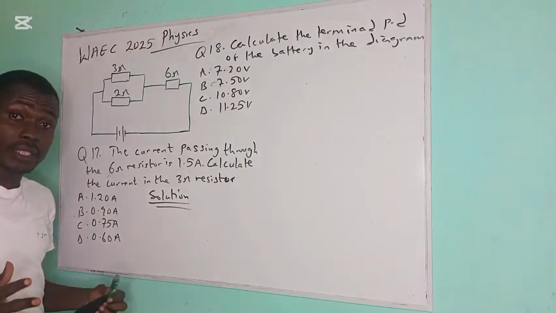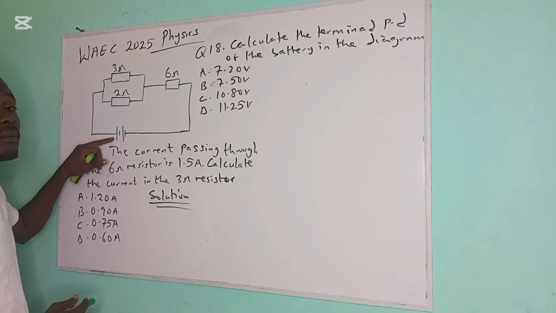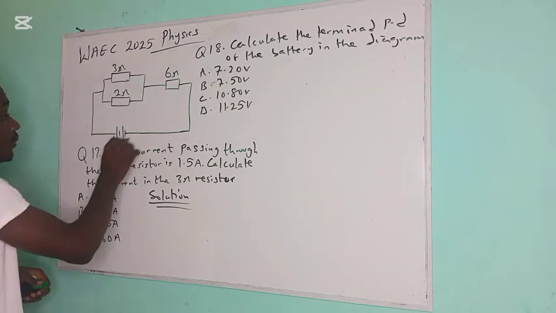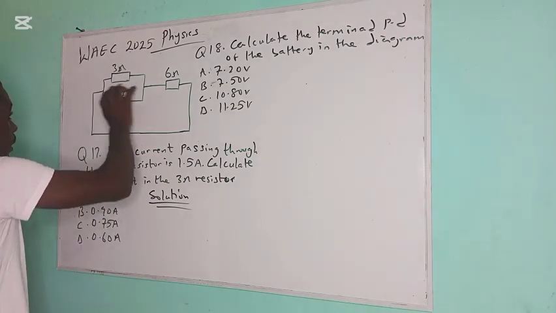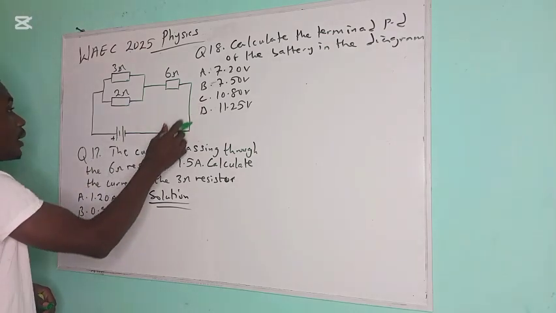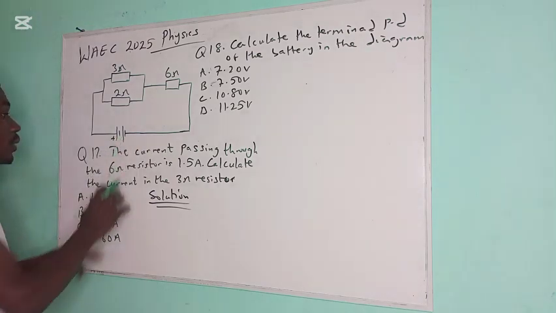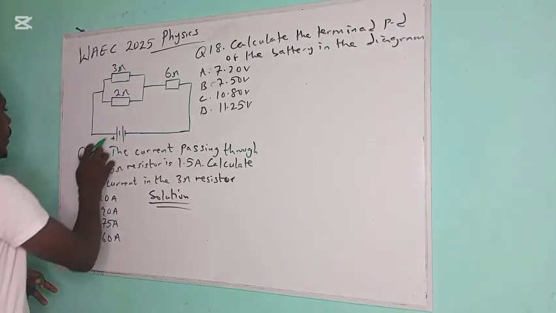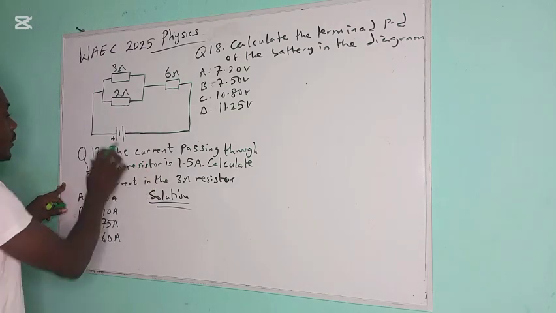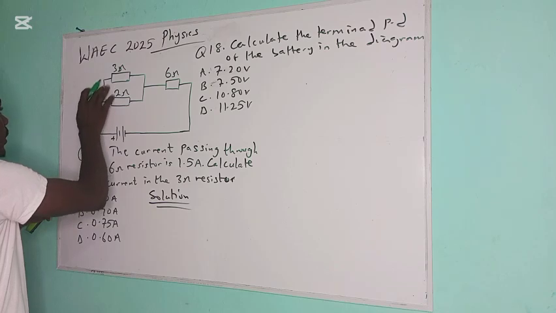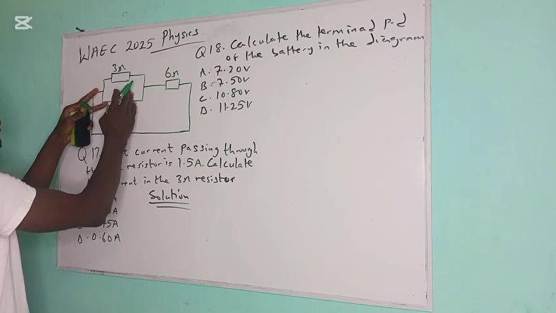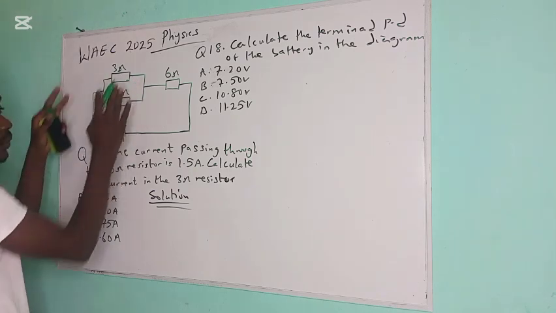Conventionally, current flows from the positive terminal to the negative terminal, while the electron moves from the negative terminal to the positive. Because we are dealing with currents, the current flows from here, enters here, and then here. But how do we know? This is what we are going to do.